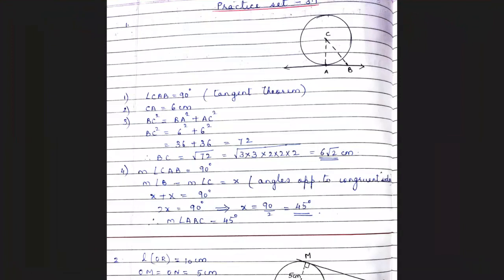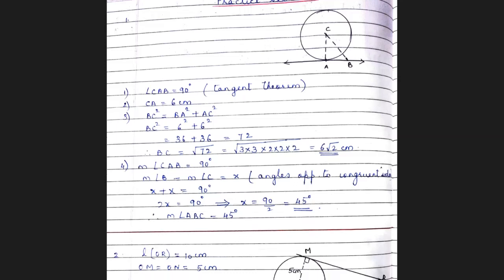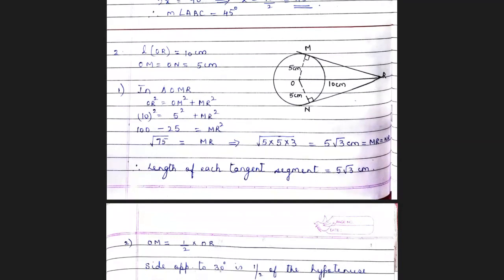Now we know that AB equal to AC is equal to 6 centimeters. So the measure of angle B and the measure of angle C are equal. Why? Because they are angles opposite to congruent sides. Let them be X. So X plus X is equal to 90 degrees, 2X is 90, therefore X will be 45. Therefore the measure of angle ABC will be 45 degrees. Okay, so that's question number 1.